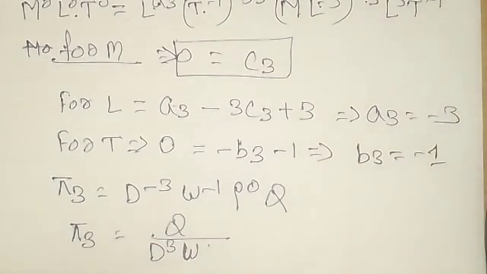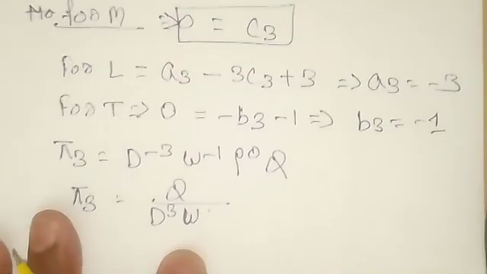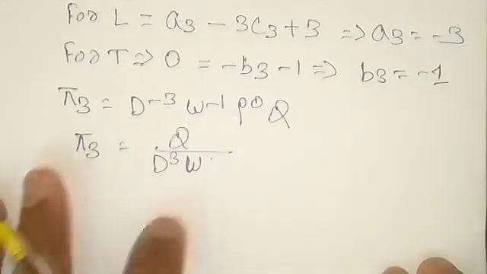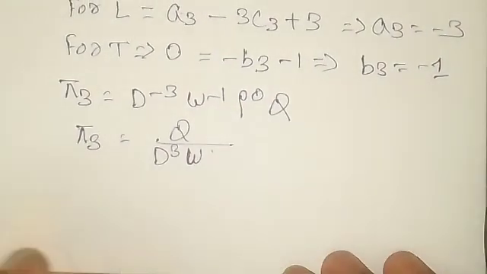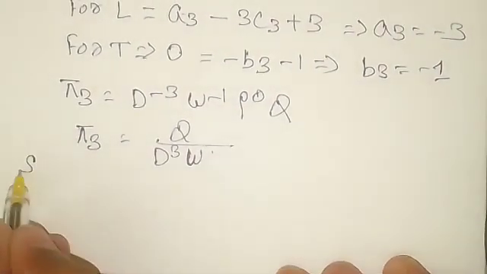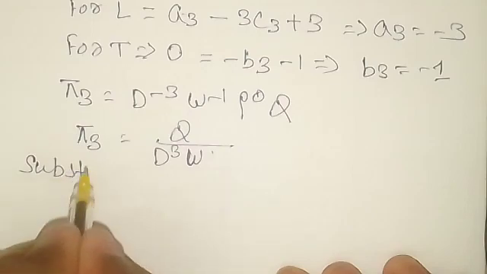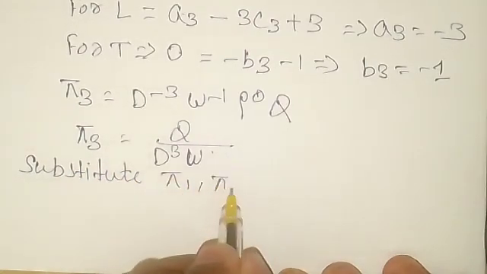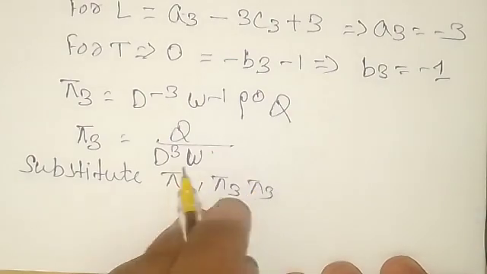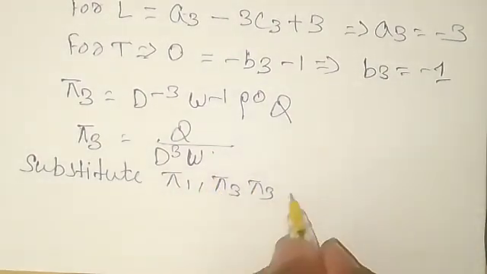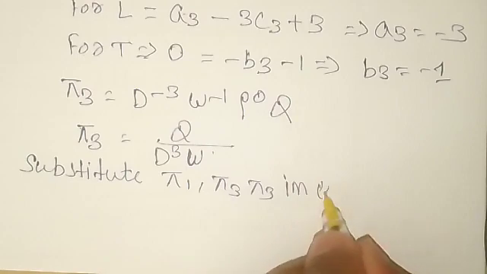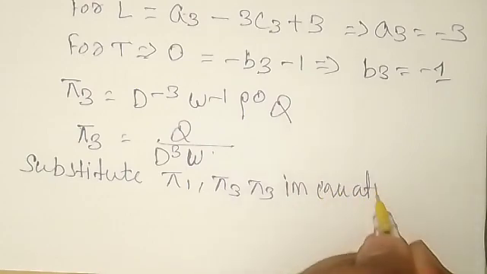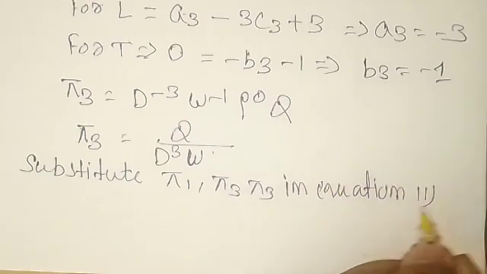We can substitute these values of pi 1, pi 2, pi 3 in equation 2. Okay, just hold on, let me show you here only. Right, so we can write this, substitute pi 1, pi 2, pi 3 in equation 2.